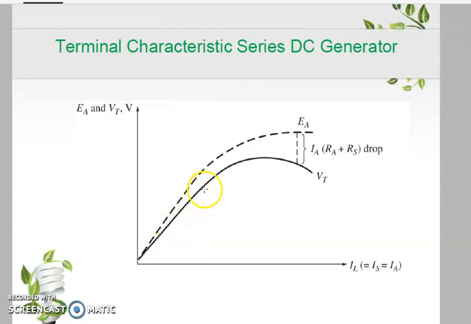When the load increases, the voltage will be higher. The higher the load or the higher the speed, the higher the generated voltage. But after a certain amount, due to series drop and armature resistance drop, we have a lower terminal voltage.